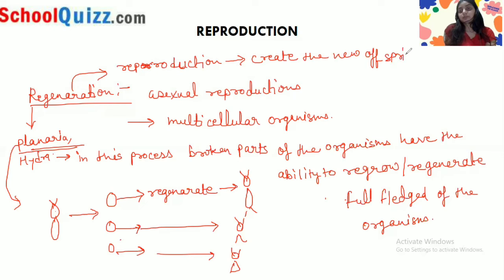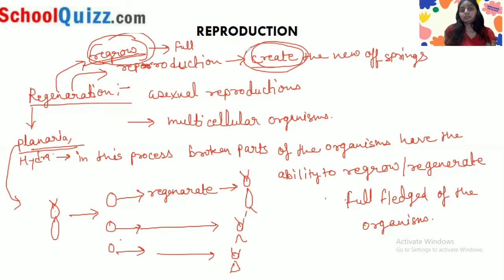But what is happening in regeneration? It is regrowth. It means some parts are already there, but they regrow into a full-fledged organism. So there is a difference between regeneration and reproduction. And what is the difference between fragmentation and regeneration?